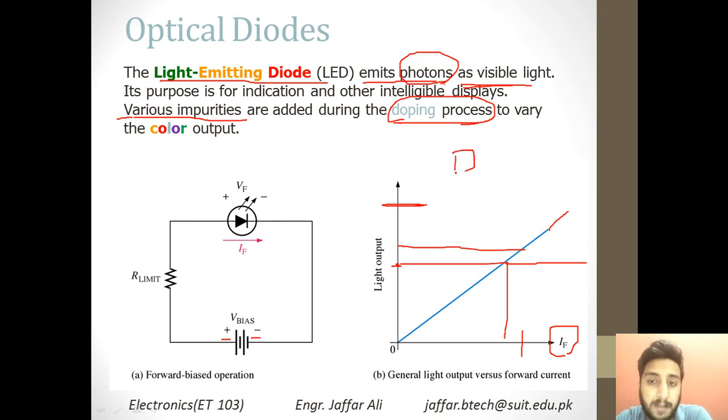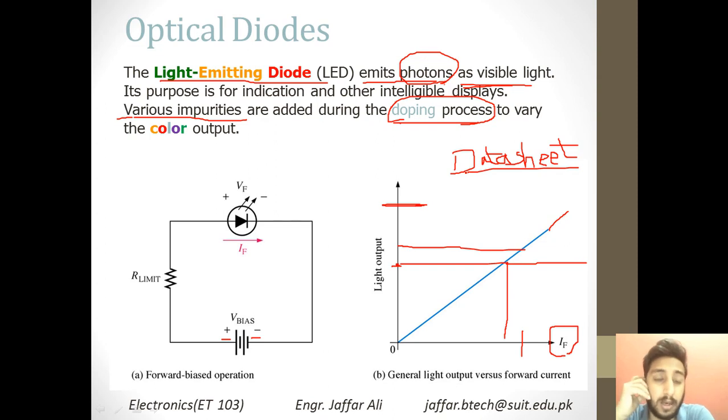Before buying a particular diode, LED or light emitting diode, you first look at its specifications, and it is mentioned on the data sheet of that LED. You can easily get the data sheet from the manufacturer's website.